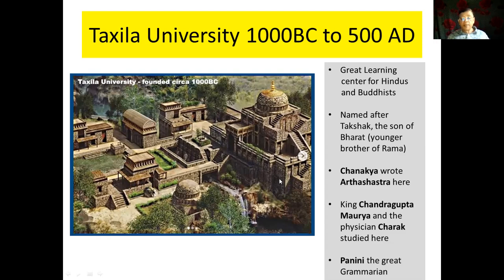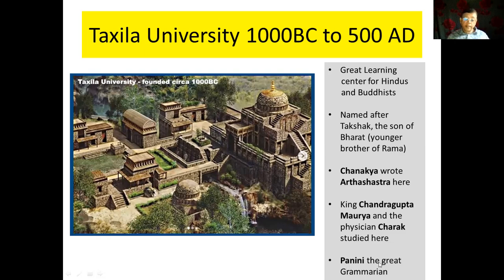You can also see the importance of the university in that Chanakya, the famous economist, Arthashastri, wrote his Arthashastra. This is available even today. Chanakya's Arthashastra was written in Nalanda University. And King Chandragupta Maurya and the physician Charak, whom we are going to talk a bit more about, all studied in Taxila University.